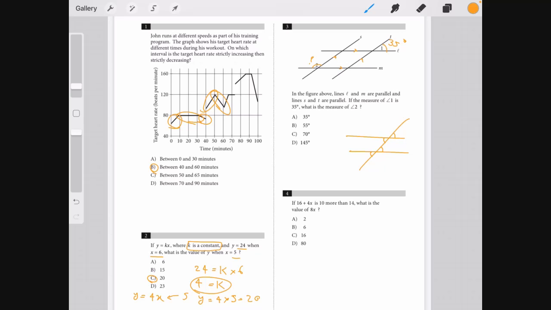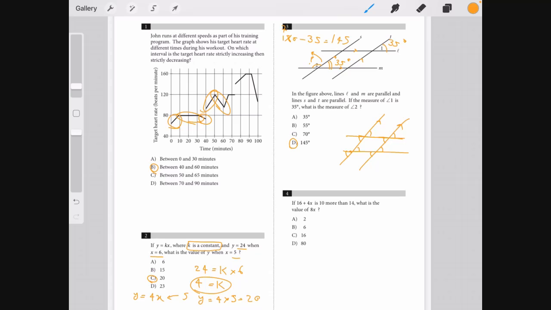So basically, if I put another parallel line here, it means this line cutting these two parallel lines makes the same angles here, also here, right? So when one is 35 degrees, here is also 35 degrees. So angle 2 will be 180 minus 35, which is going to be 145. This is the answer.